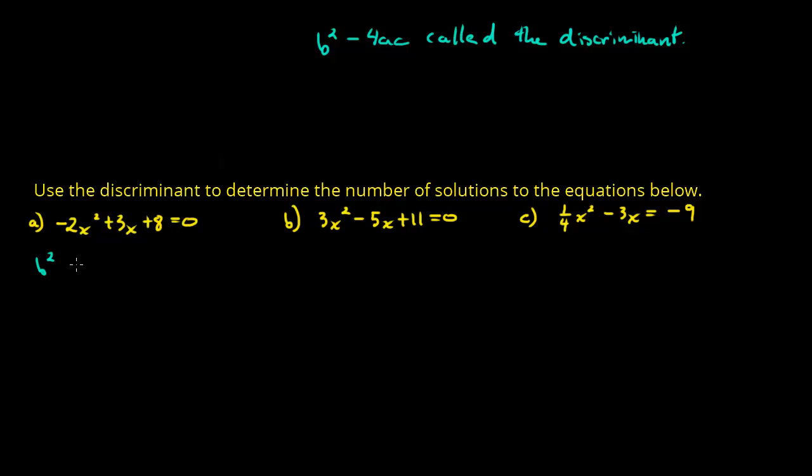So b squared minus 4ac is equal to 3 squared minus 4 times negative 2 times 8, which is equal to 9 plus 64, which is equal to 73. So b squared minus 4ac is greater than 0.